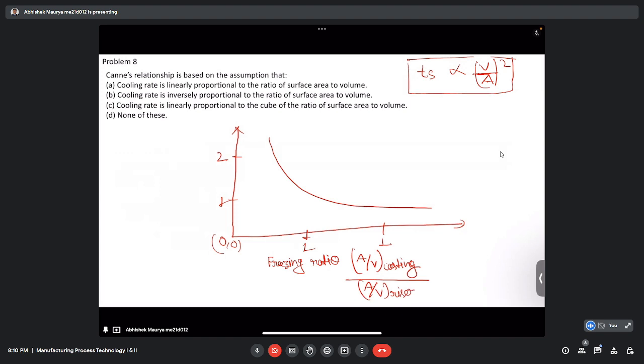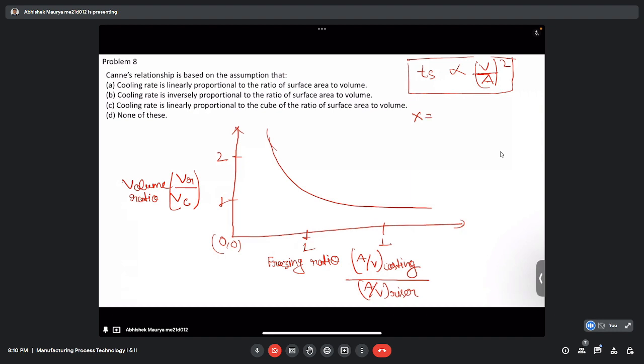On the x-axis is the volume ratio, which is given by volume of riser divided by volume of casting. So these two are plotted and a curve is drawn.